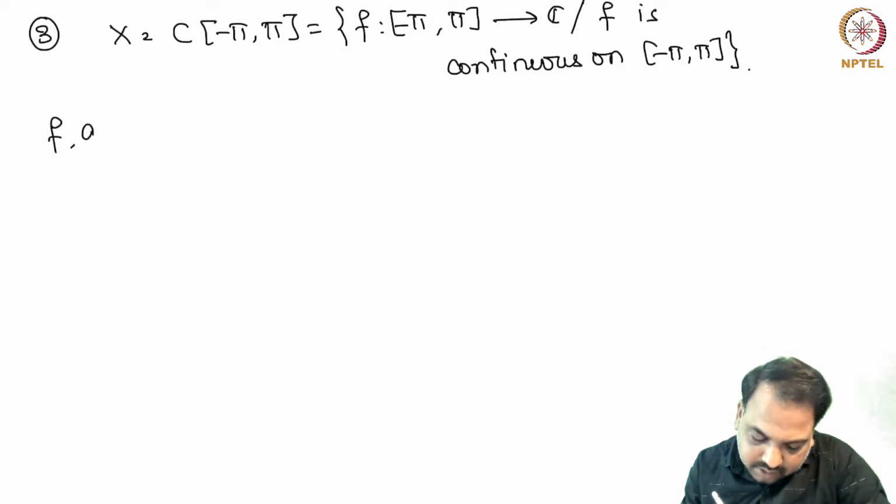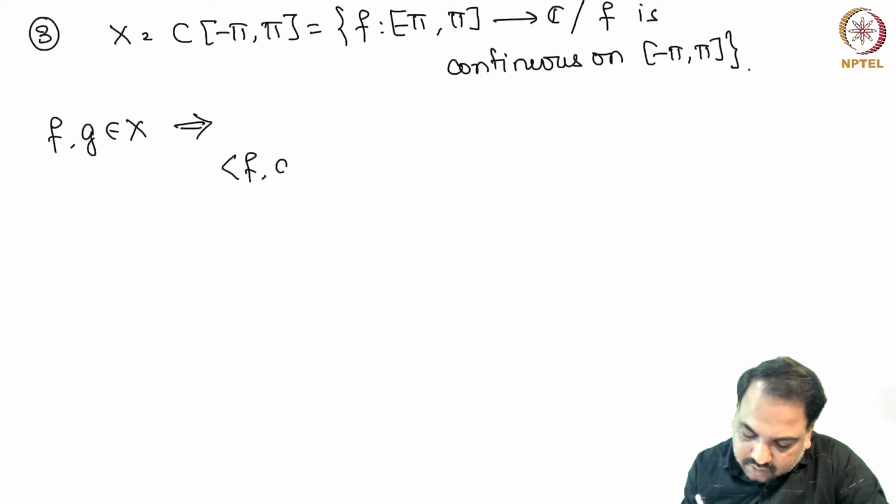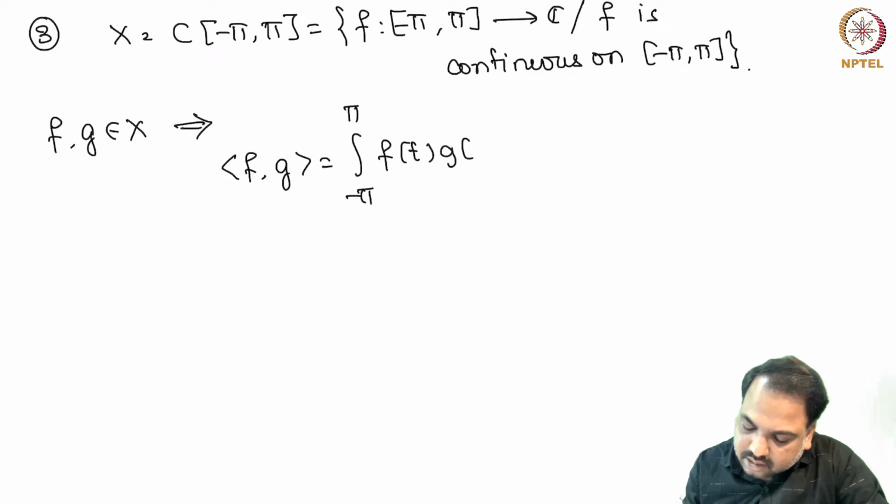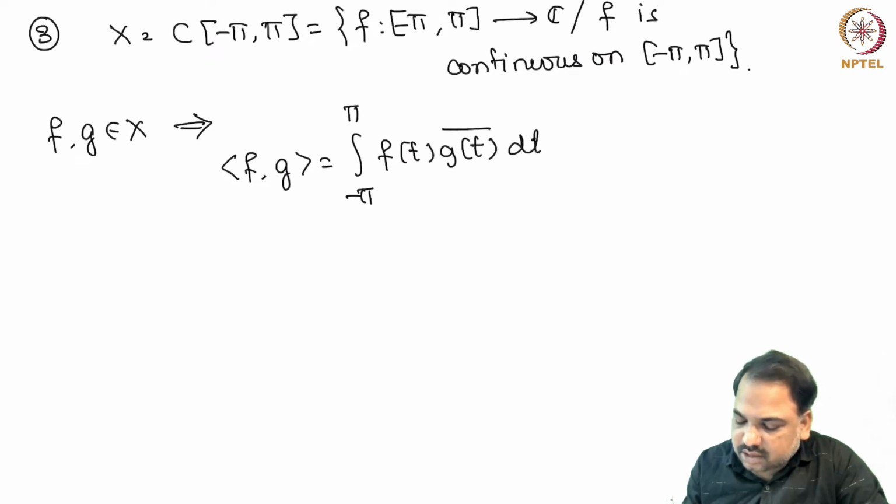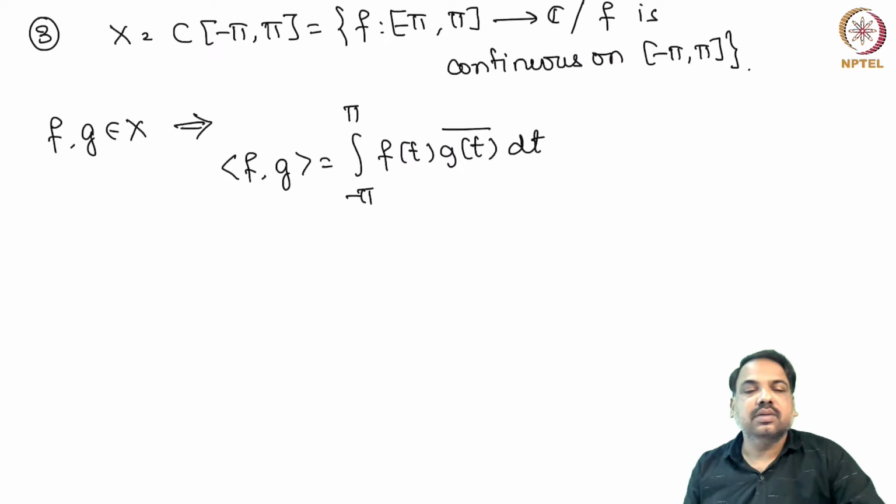For f, g in X, we have defined the inner product of f with g as the integral from minus pi to pi of f of t times g of t bar dt, and we know what the induced norm is also.